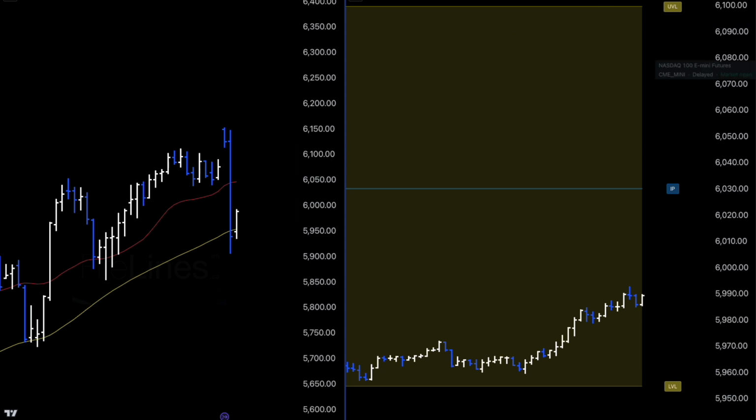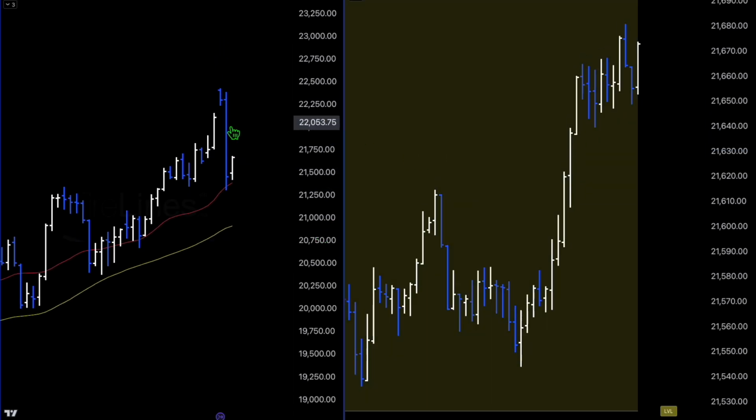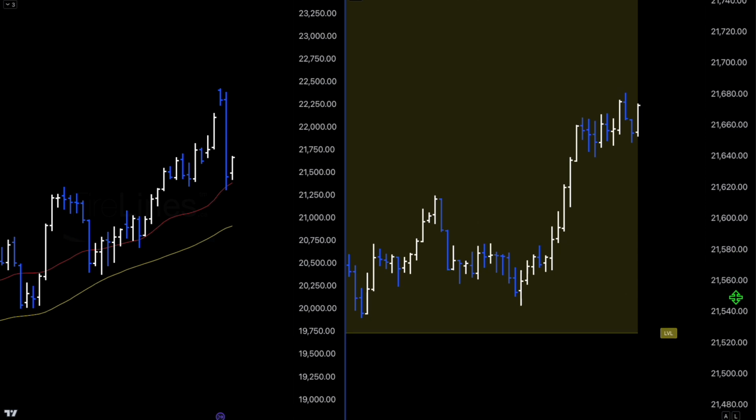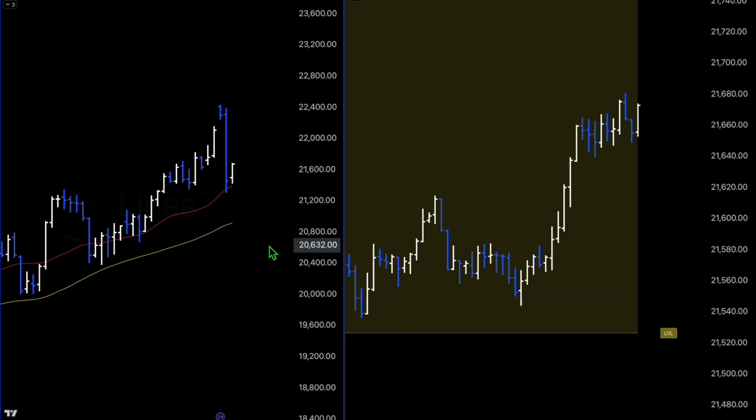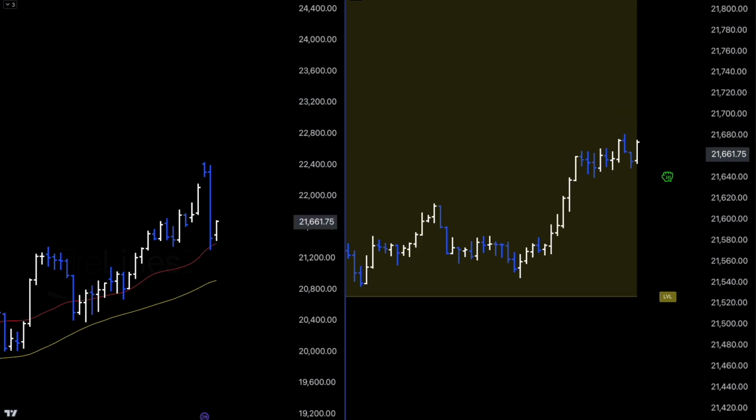Okay, so let's check out the NASDAQ. Over here, yes, the damage was pretty bad, of course, but this time the 20-day moving average captured it, and it was able to hang on to it. But again, I do have an overall bullish bias, but I'm inside the value range.